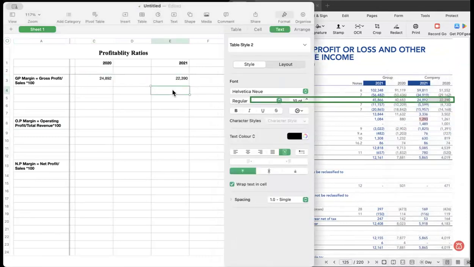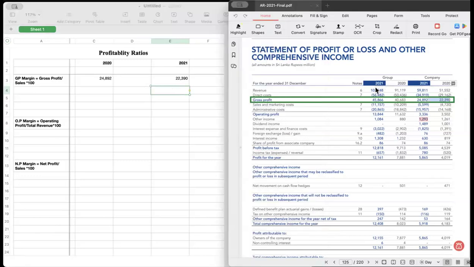Okay. And now we need the sales. Again, sales is at the top line. See here. Revenue, sales, that's what we want. So it's 59,811 for the year 2021.